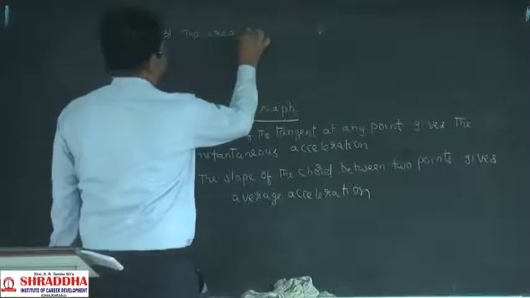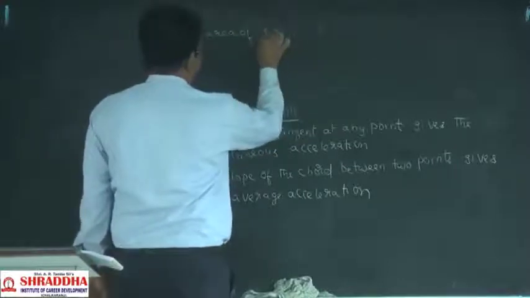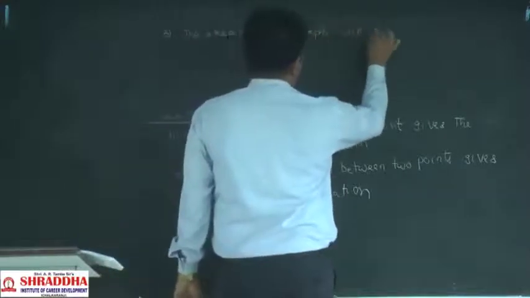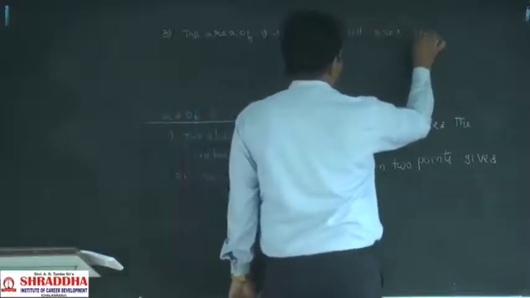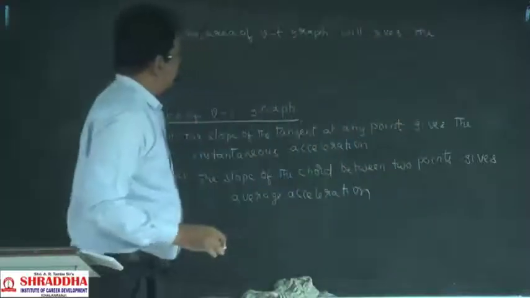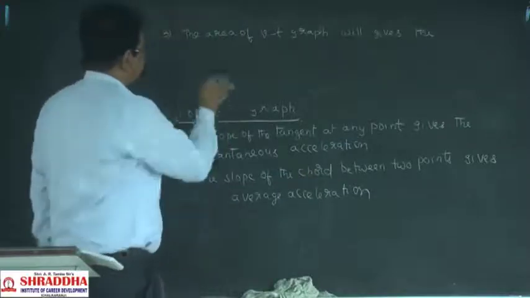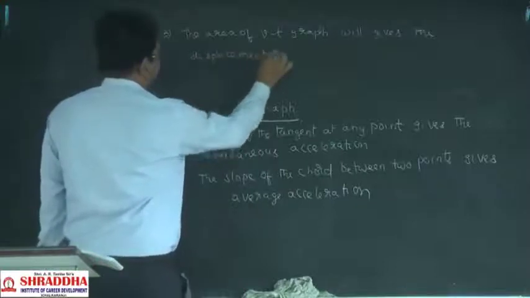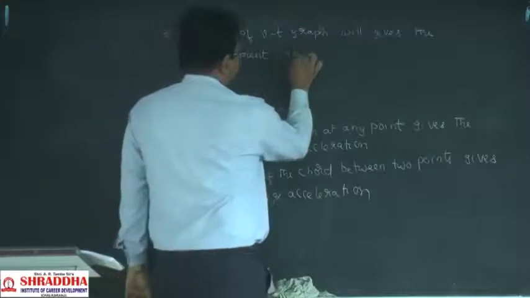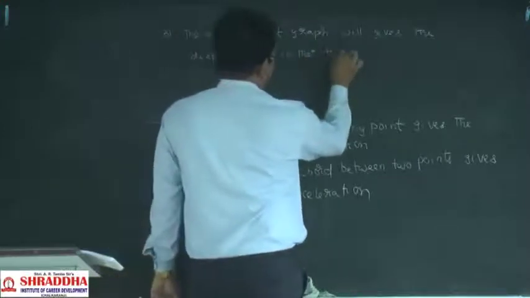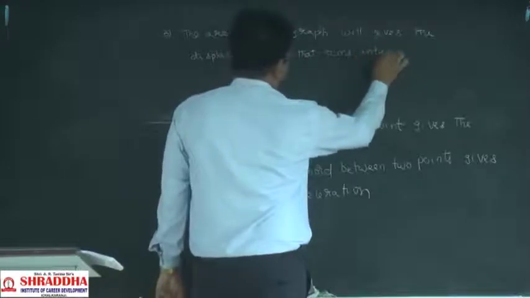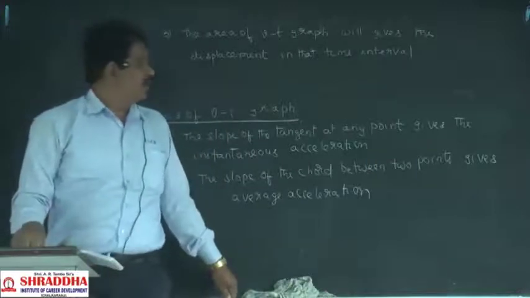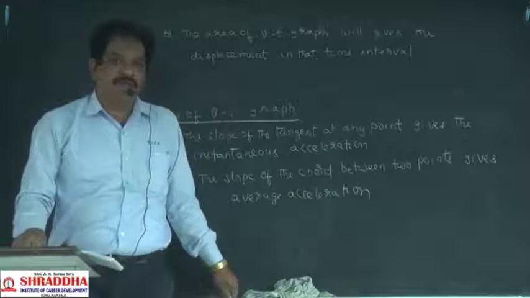The area of the VT graph will give the displacement in that time interval.